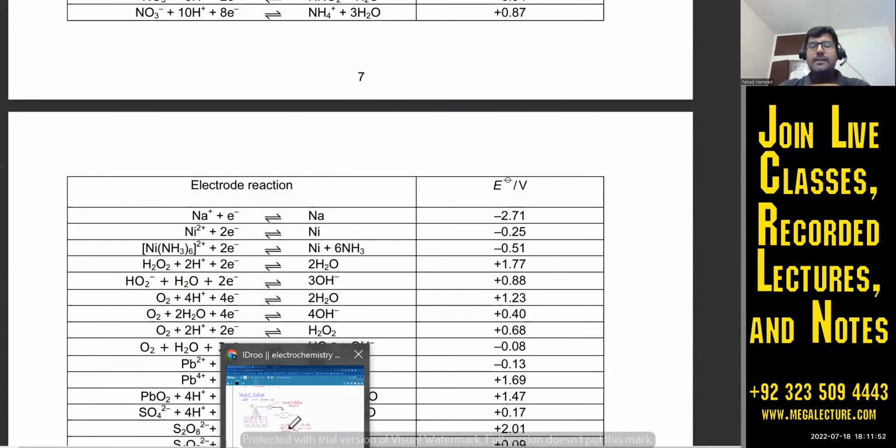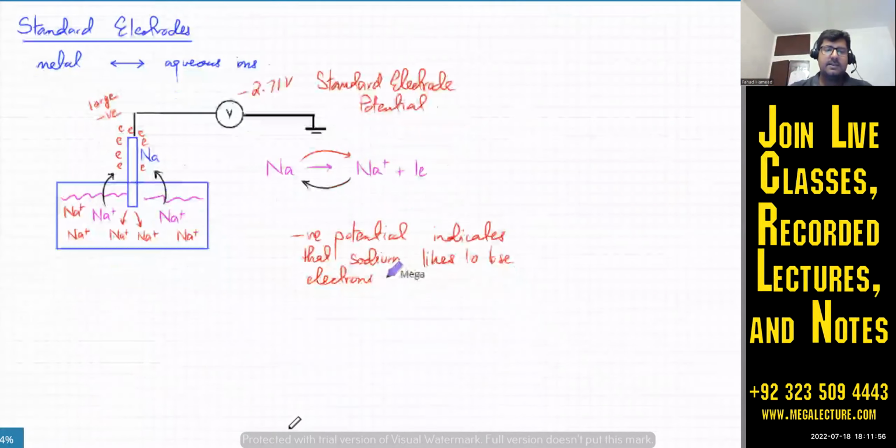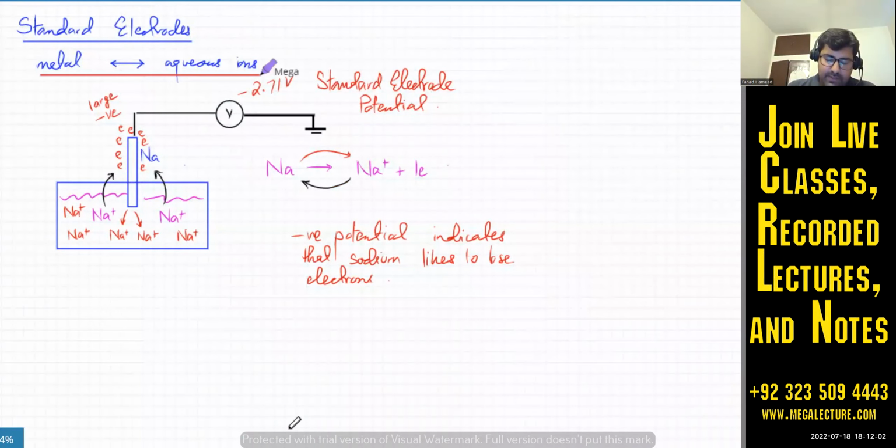Let's do an example of someone who likes to gain electrons. Remember, the first type of electrode is a metal with aqueous metal ions. We'll discuss this later. The second type of electrode is gas with aqueous ions.